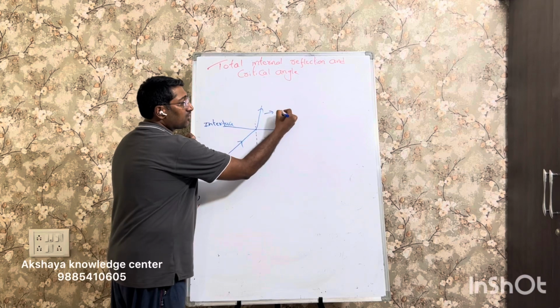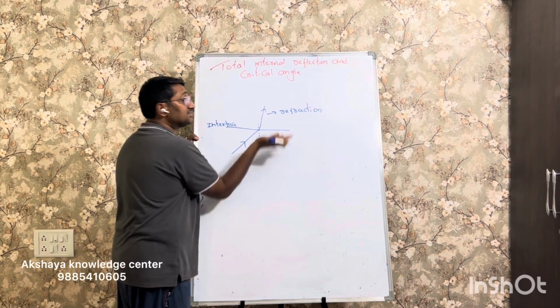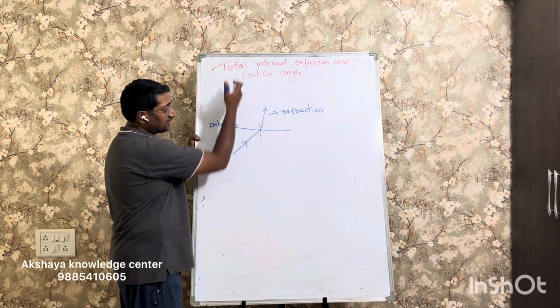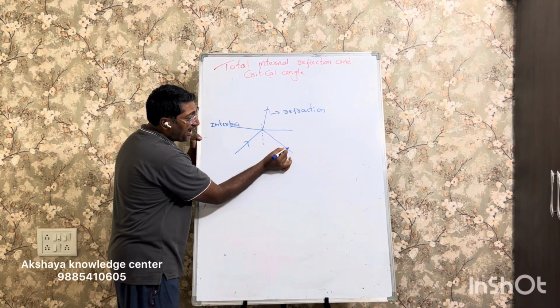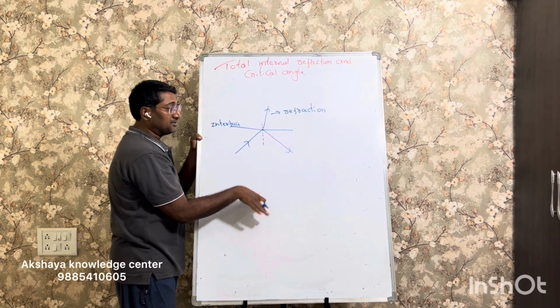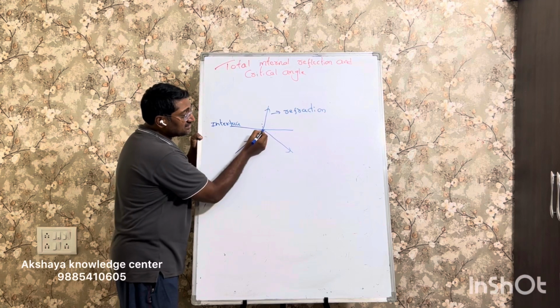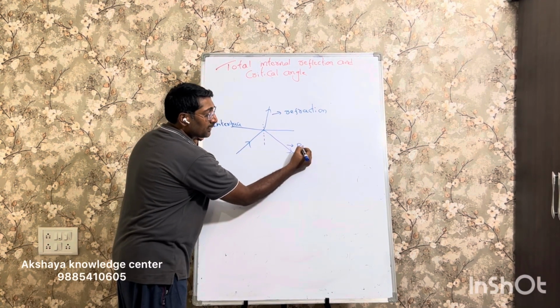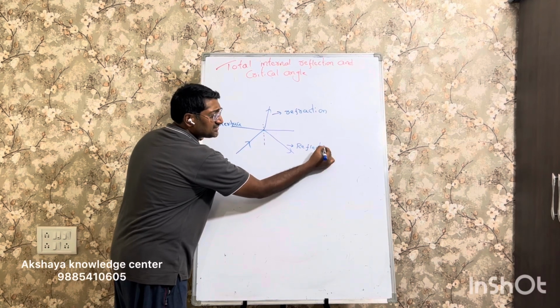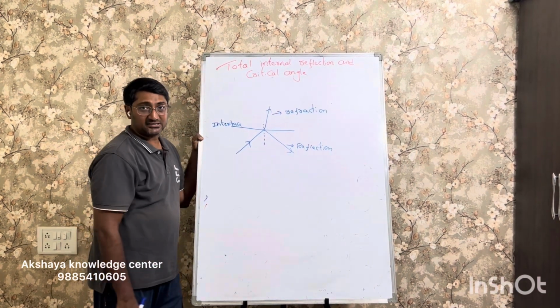This is called refraction, as it traveled to the other side. But some amount of energy will even travel backwards into the same material. So some goes to the other material, some stays within the same material. This bounce back of the light energy is called reflection. So it's just reflection. It has nothing to do with total internal reflection.